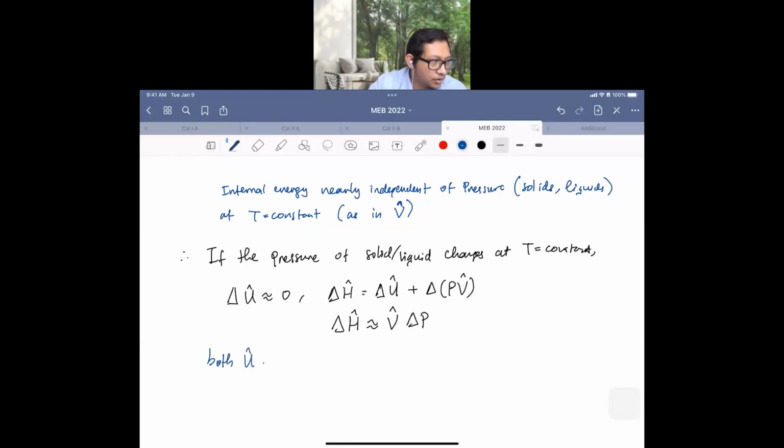So both specific internal energy and the enthalpy are independent of pressure.